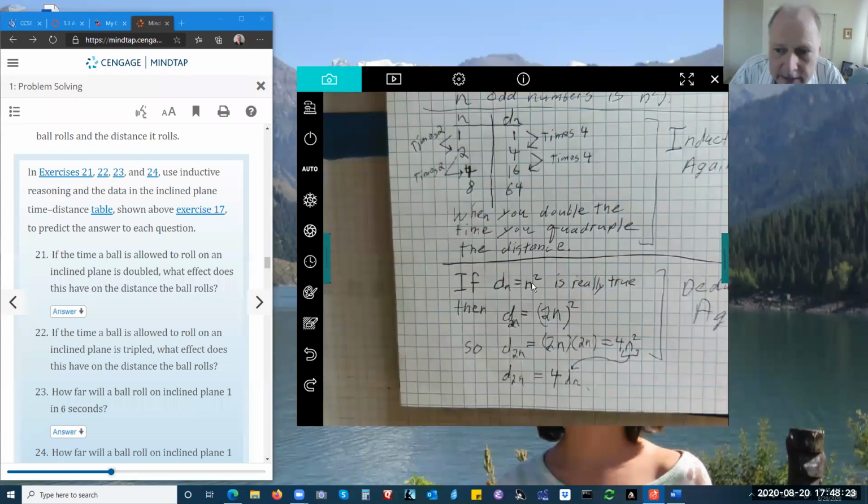If you replace the n with a 2n and simplify, you get 4 times as much as you would have had from just plain n. To double the n, replace the n with a 2n, and you replace the distance, the n squared, with 4n squared. So that's a deductive argument that if you double the time, you quadruple the distance.